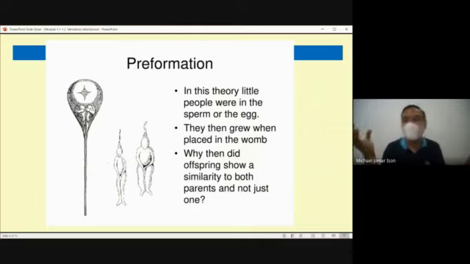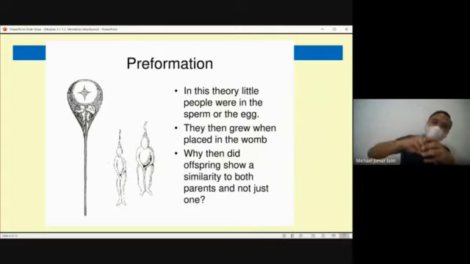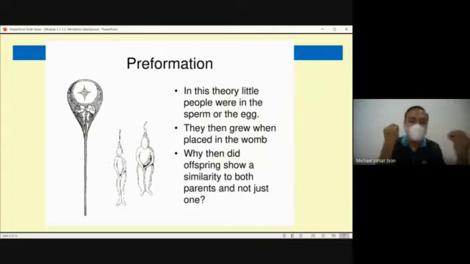For example, the sperm cell would contain that whole person inside that very small sperm cell. Then the egg cell would simply be a nourishing bed where, once fertilized, the person inside the sperm cell would grow up to become the baby, be born, and later become the person as it grows to childhood and adulthood. So it's very interesting. It's called the preformation theory.